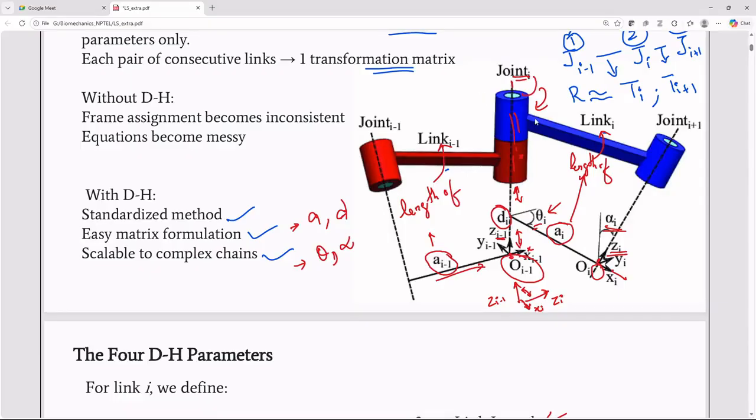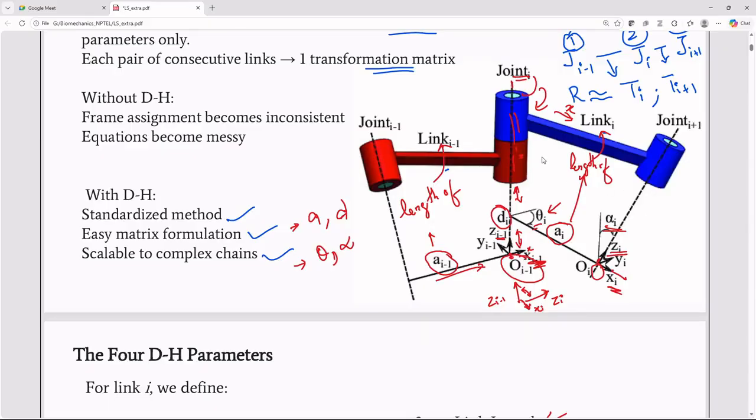And next, the direction of the next joint, that is, the direction along the link, will be taken as the x axis. You can see here it is true for these two cases. We can simply say it is the direction of the link, or the direction of the next z axis.